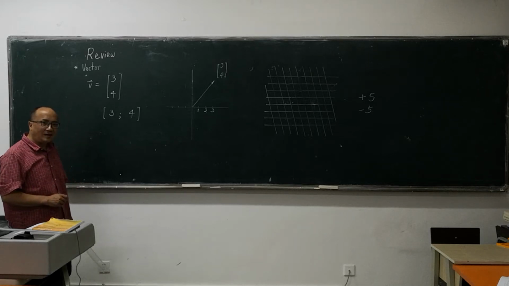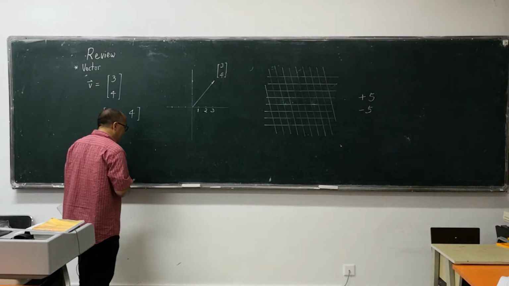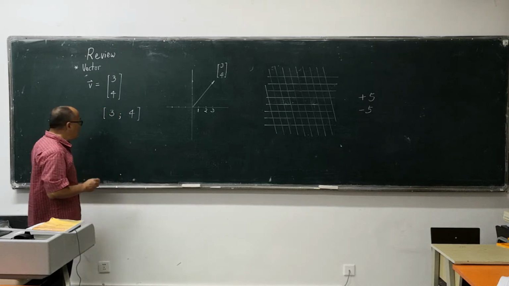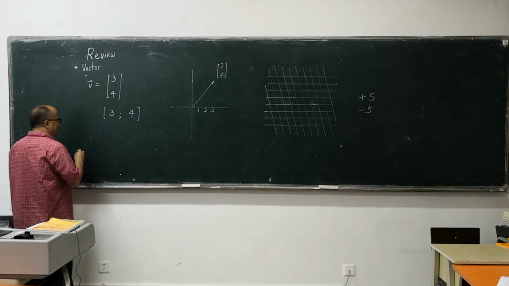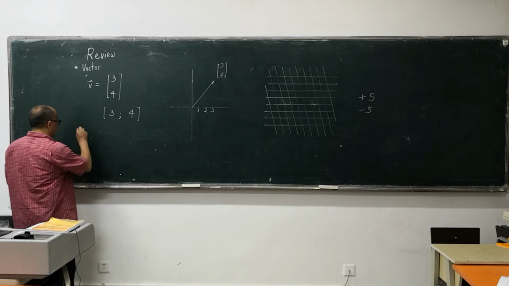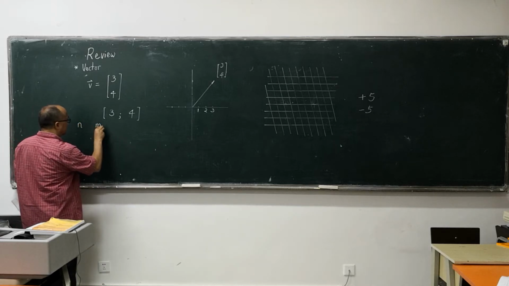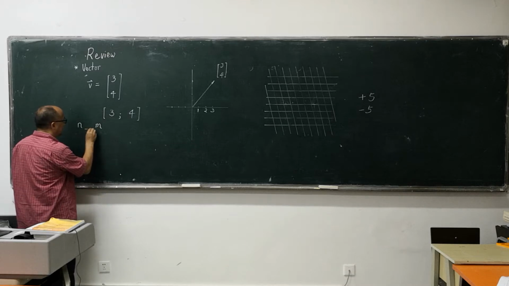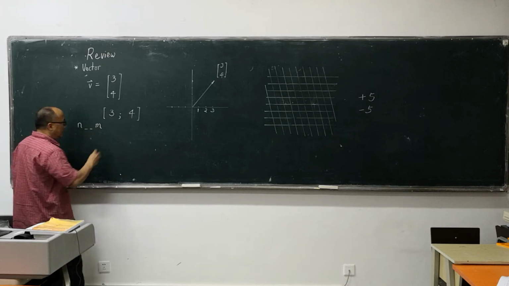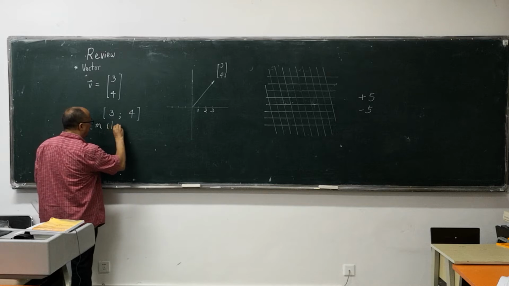There's a mathematical term starting with n and ending with m. What's that? This means the length of the vector.